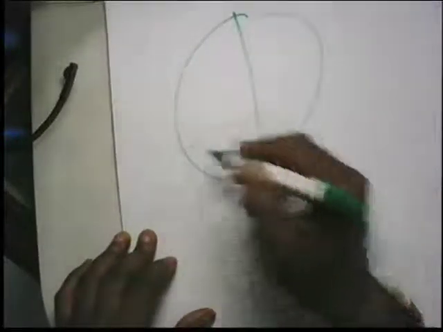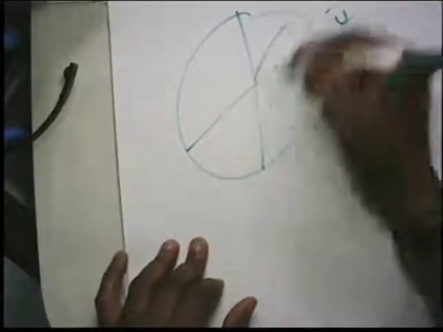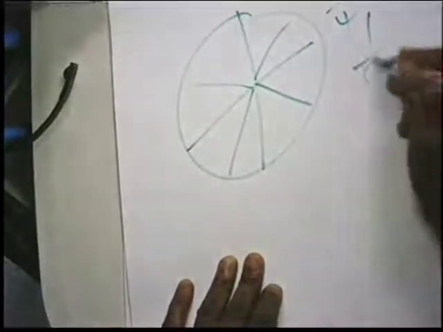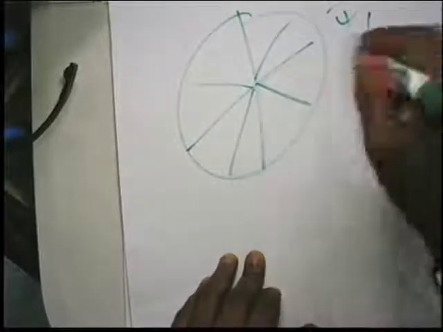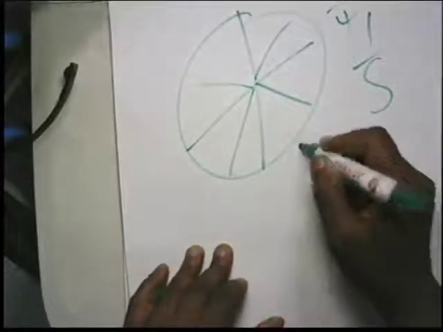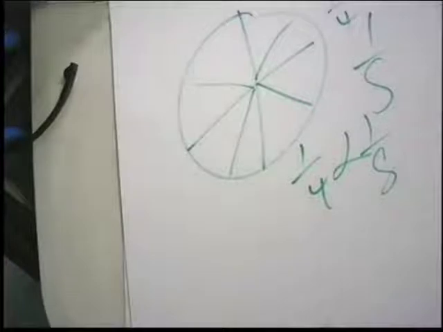If I divide it this way, each part will be 1/4. If I divide it into 2 again, each part will be 1/8. So if I ask which one is bigger between 1/4 and 1/8, you will agree with me that 1/4 is bigger than 1/8. That is how we recognize the smaller one in a fraction question.